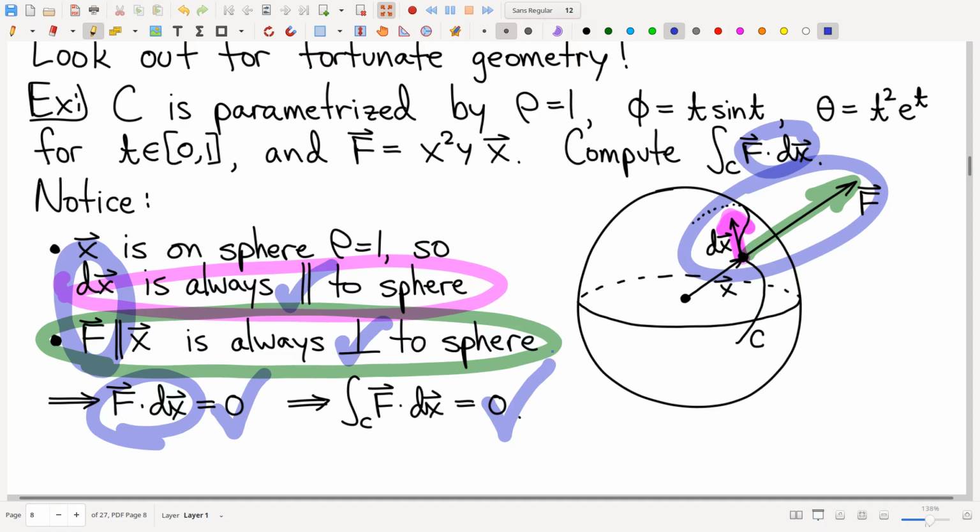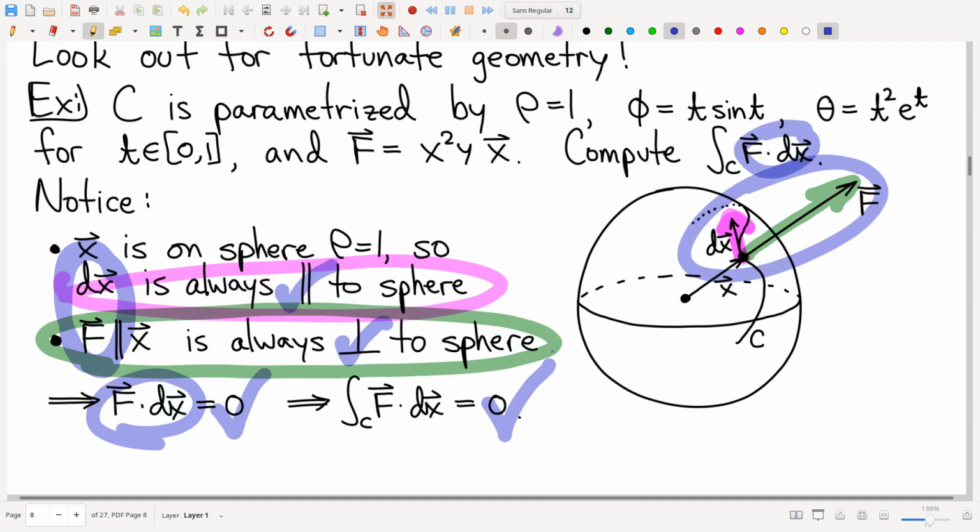You don't get that with any other surface. So be on the lookout for this kind of good fortune. If you're doing business on a sphere, just keep your eyes open. It's possible there might be some good luck in there somewhere. And this comes up a lot. You can look at my old exams, and there are plenty of examples of lucky breaks that I've deliberately put in there for students to take advantage of.